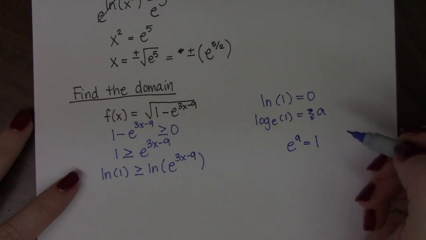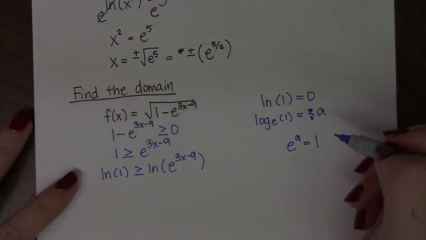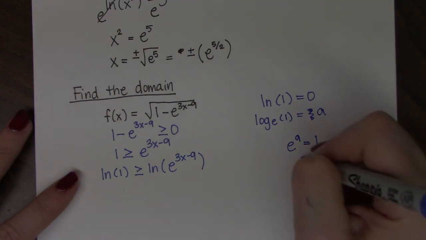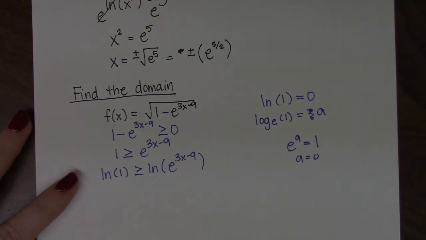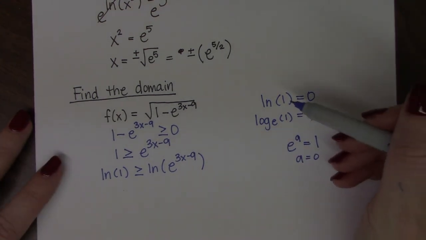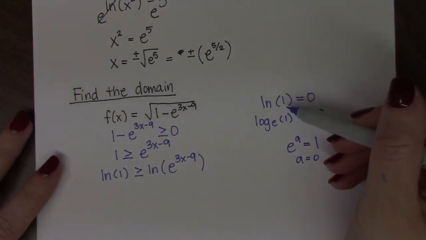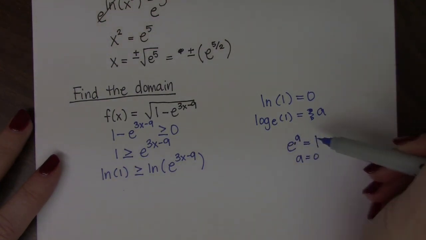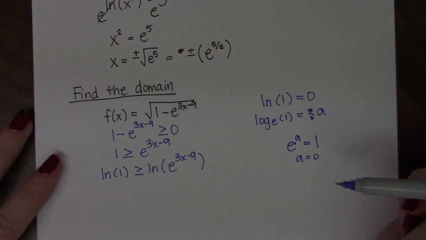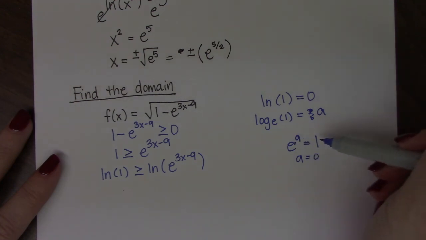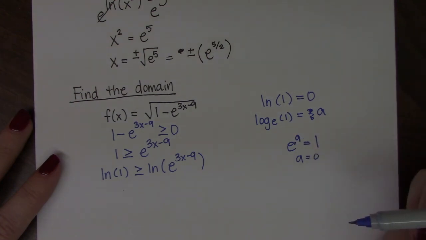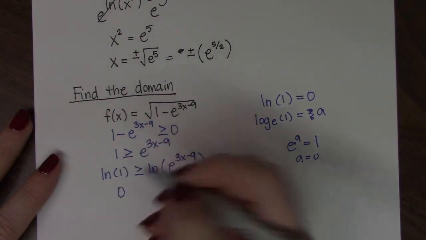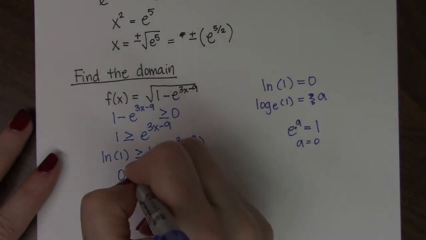Well, there's only one number you can plug into an exponent where 1 is always guaranteed to come out. So a has to be 0. So log base anything of 1 is 0 because it's basically going to say e to the a equals 1, and the only thing a can be is 0. So that means on the left side here I have 0.